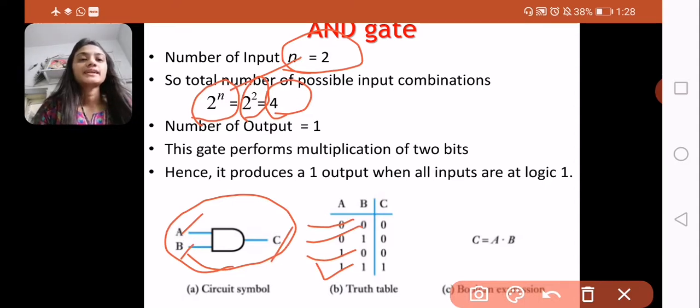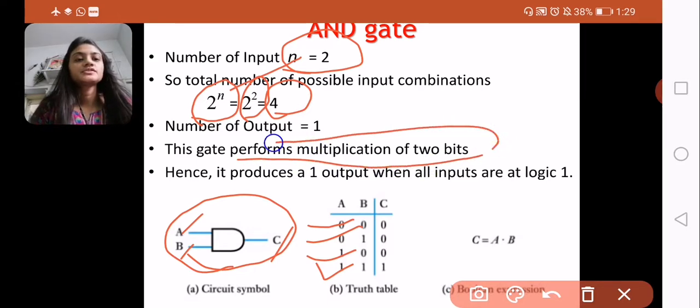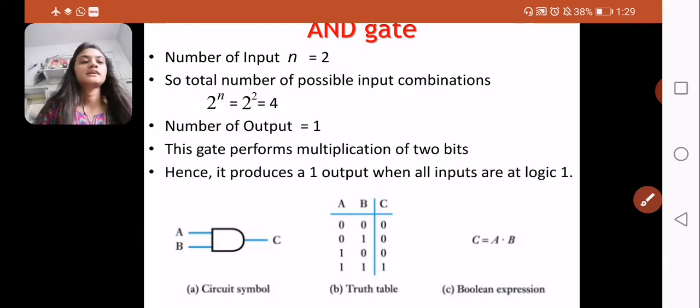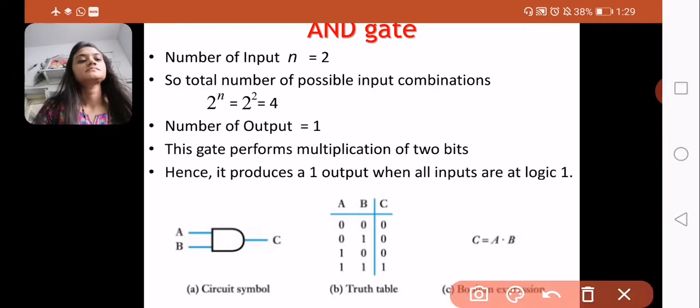Now, what does the AND gate perform? It performs multiplication of 2 bits. A maximum of 4 combinations are given in the truth table, right? So let us multiply and find the output.